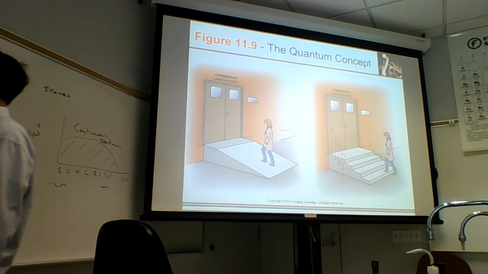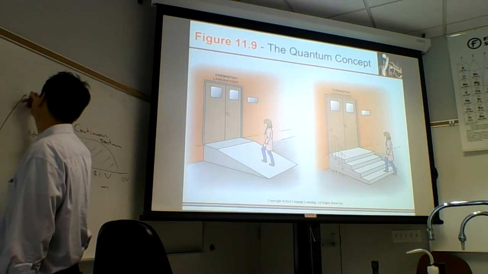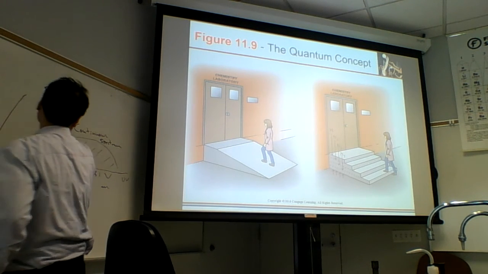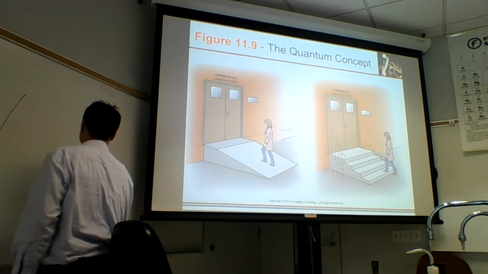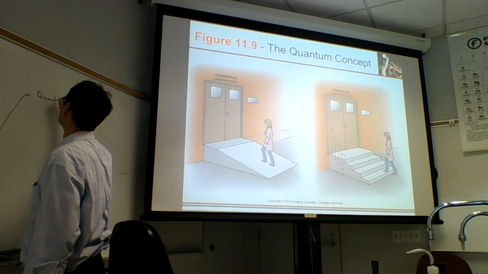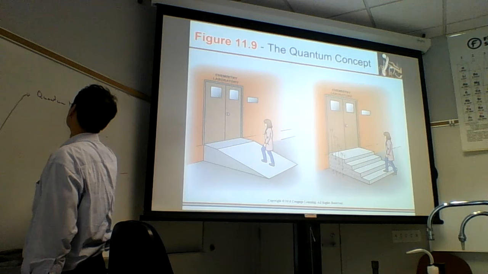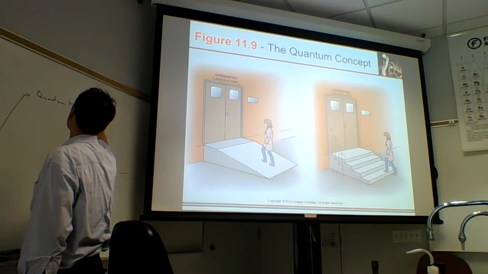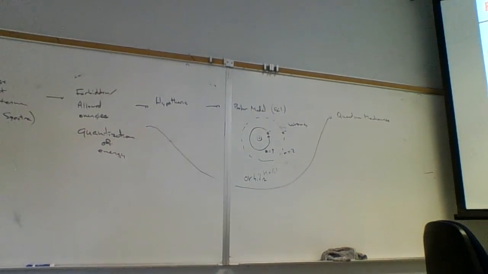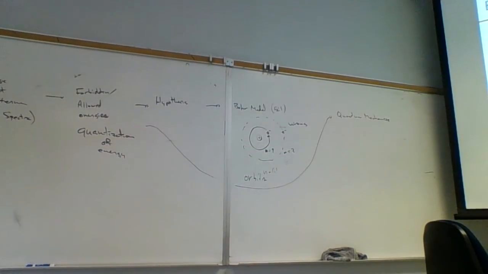The next hypothesis was this, which led to the modern day theory, which we call quantum mechanics. And in quantum mechanics, we no longer have orbits.